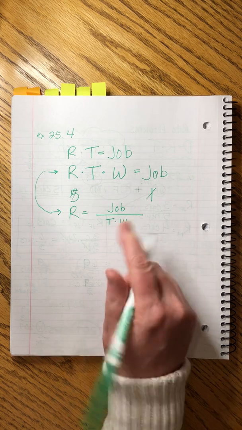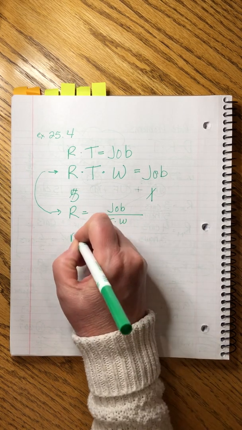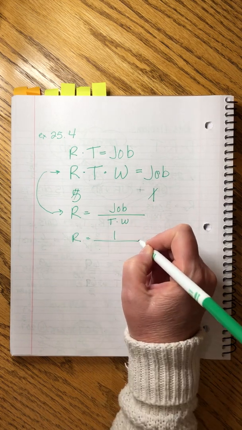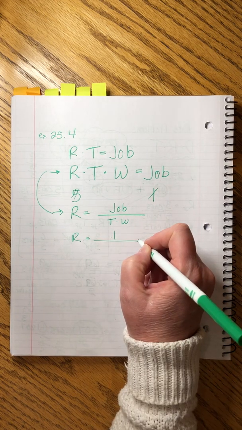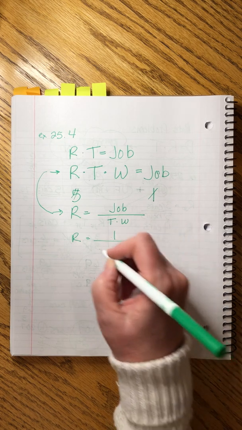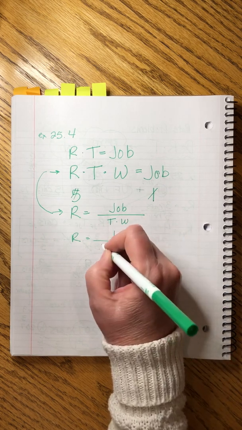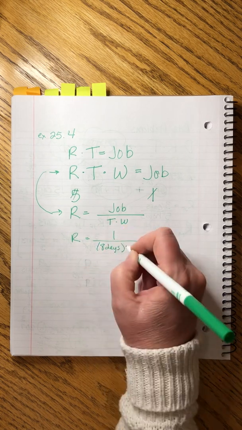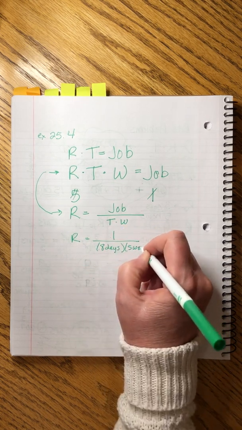The rate is equal to 1 job for every 5 workers in 8 days. So it's 8 days times 5 workers.